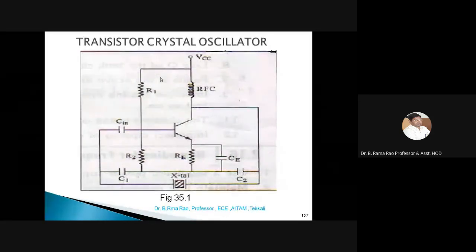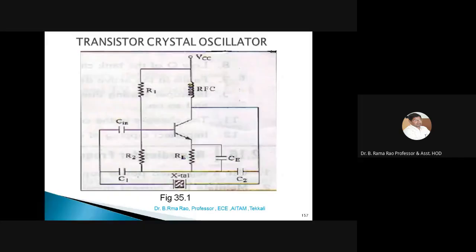This is Xtal, which means crystal. The inductor is replaced with a crystal material, hence it is a Colpitts crystal oscillator, because in the Colpitts oscillator the inductor is replaced by the crystal.